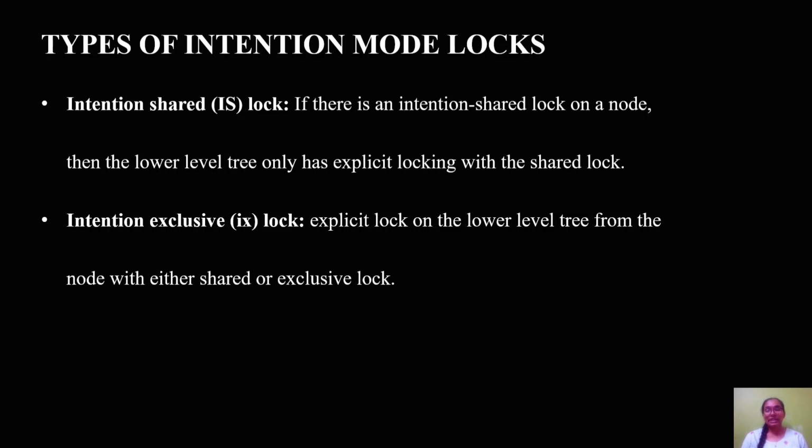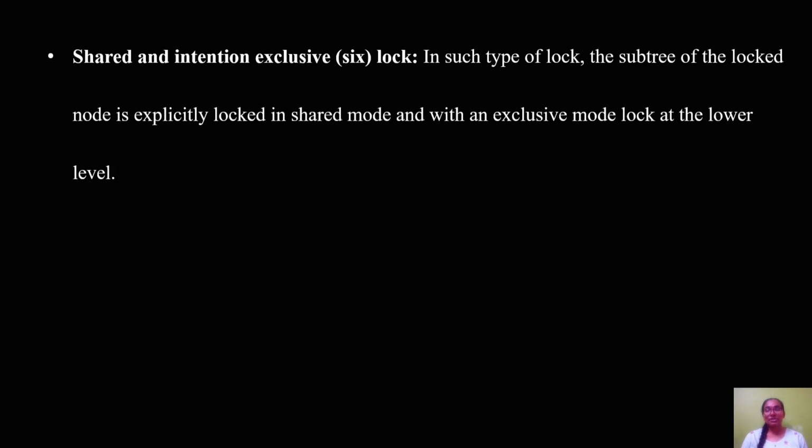The next one is intention exclusive lock. It places explicit locks on the lower level tree from the node with either shared or exclusive lock. So the lower level nodes are locked either with the exclusive lock or the shared lock. So that is intention exclusive lock. And the next one is shared and intention exclusive lock.